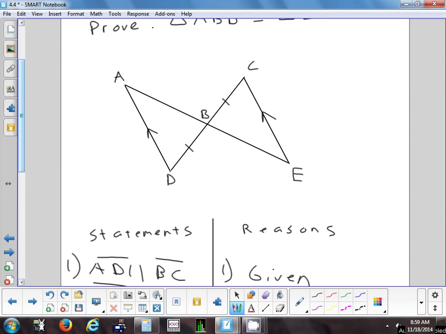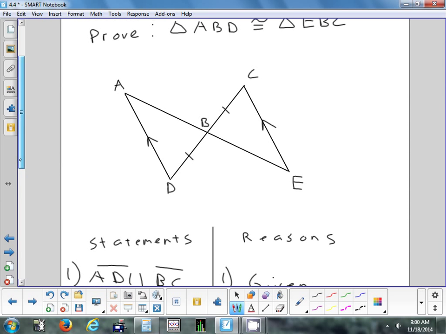Okay, so when I look at this picture, since I see parallel lines, what kind of angles are we maybe going to start to think about? Alternate interior. So right away, I'm not thinking side, side, side. I'm not going to be able to show all the sides are congruent. I don't have enough information for that. But I do know something about alternate interior angles. Somebody give me one. It can be a little tricky to figure out, but what are the alternate interior angles here?